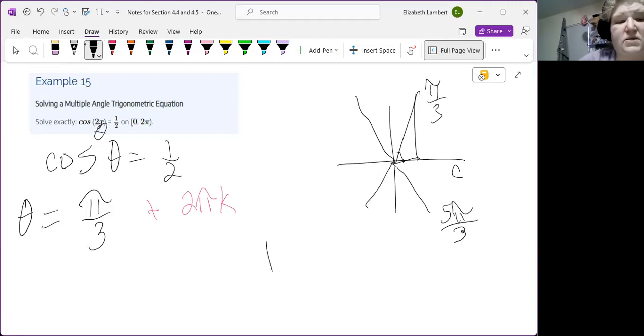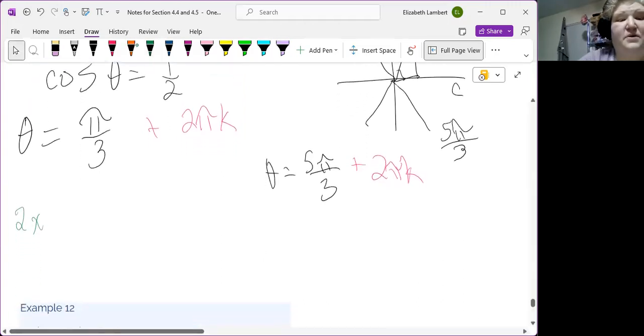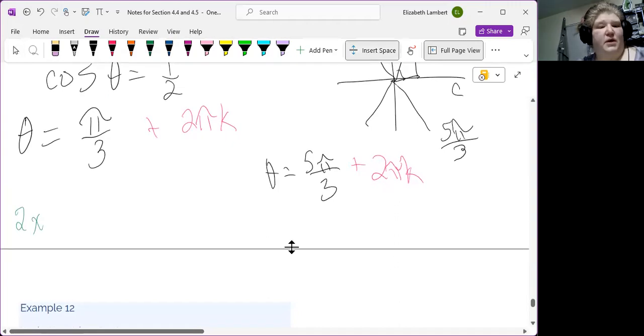And we get 5 pi over 3 plus 2 pi k. But we don't really have theta here. We have 2x. So now I'm saying, well, okay, so 2x. Let me give myself a little more space. Y'all know how big I write.